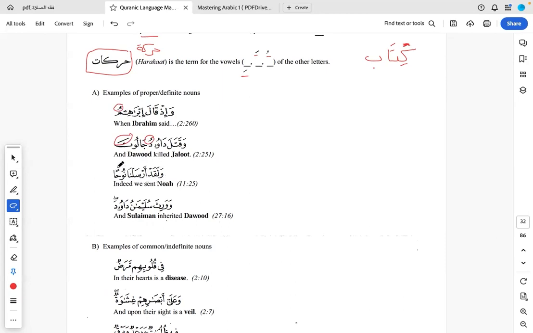وَلَقَدْ أَرْسَلْنَا نُوحًا. Now you might think, okay, Nuh is a proper noun. Why does it end with tanween? We have said that there are very, very limited exceptions here, and we're going to learn about them later on. But at least having this, we know now that they do exist.